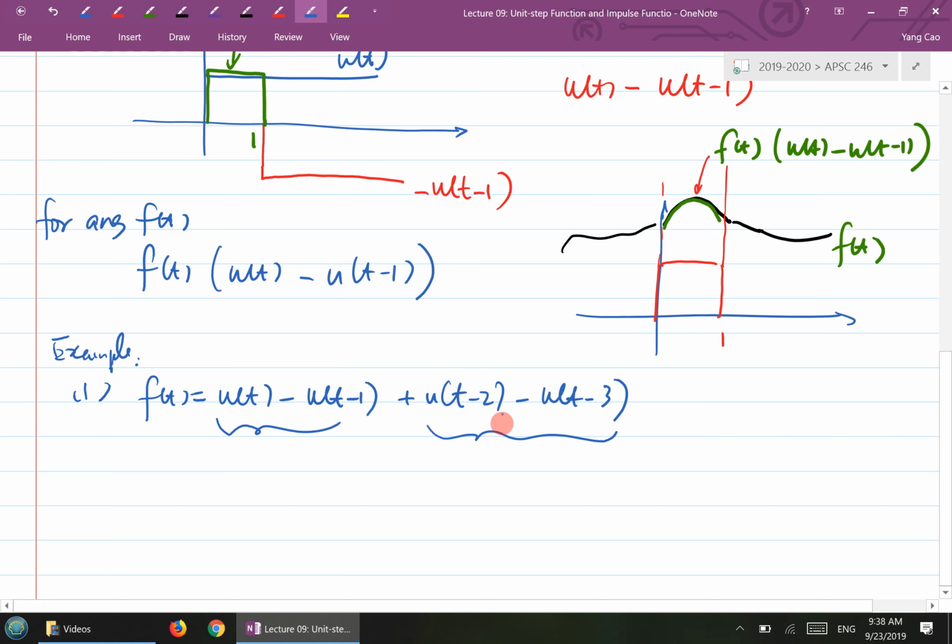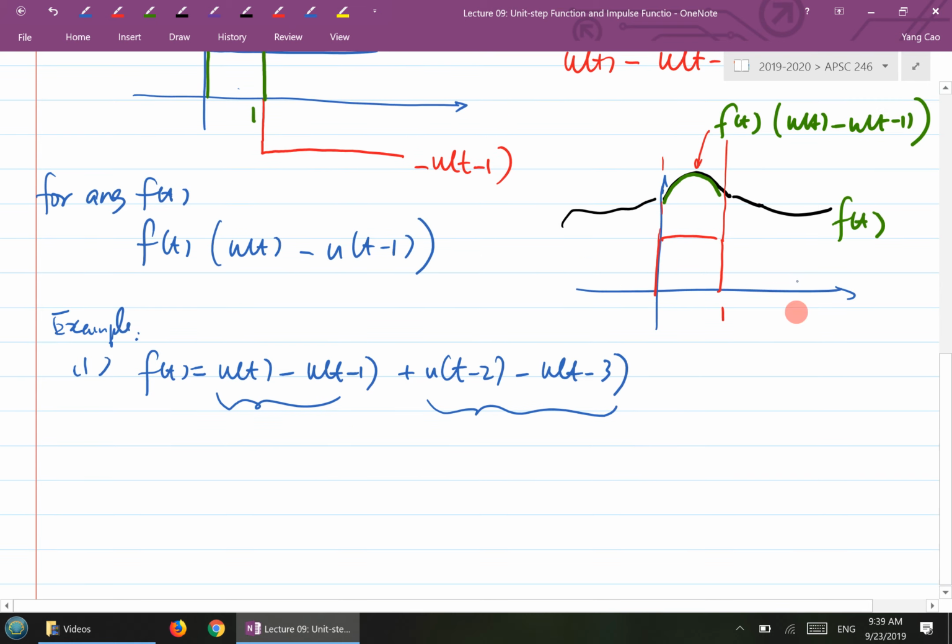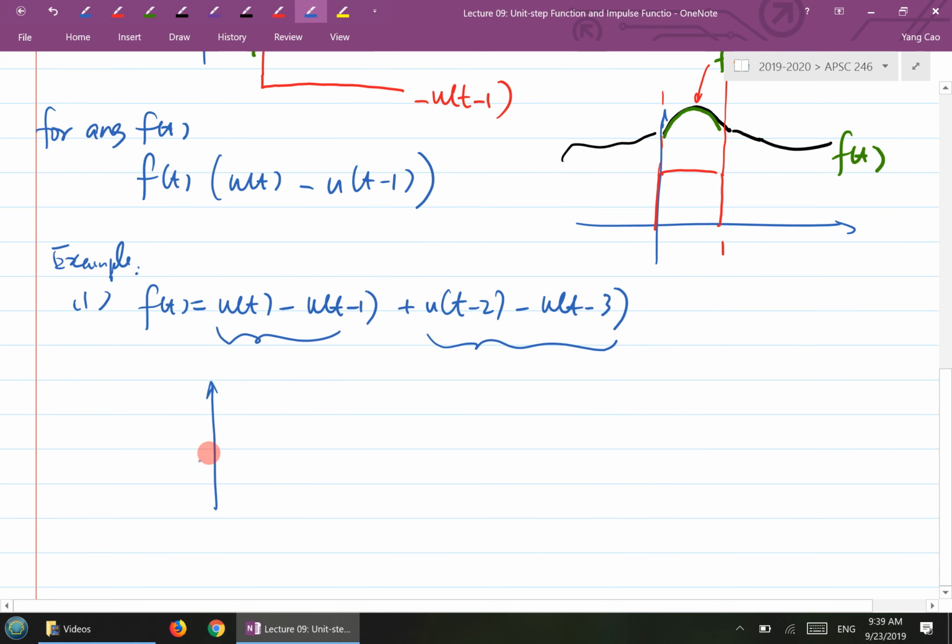The first part is u of t minus u of t minus 1, and that's basically what we just drew here. And this one here is u of t minus 2 minus u of t minus 3. So it will have one box here.